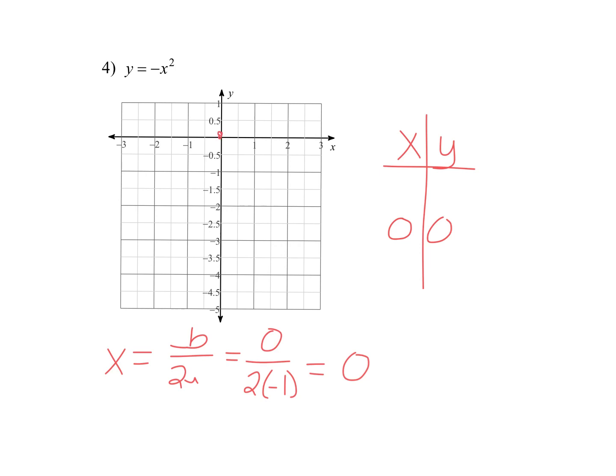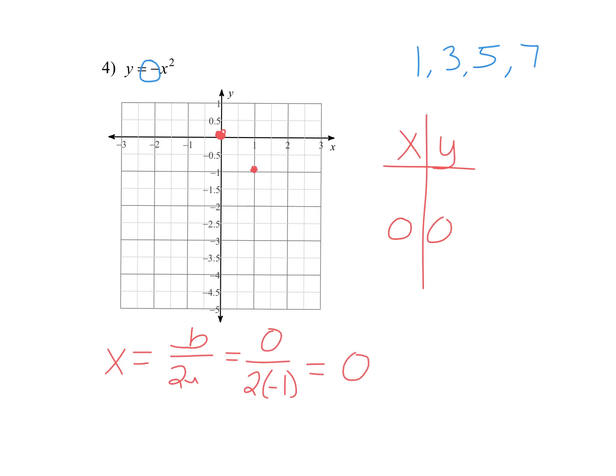Now let's try using that step pattern. What is the step pattern? 1, 3, 5, and 7. But remember this negative. What's this negative going to make us do? It's going to make us go down instead of go up. Okay, so my first step pattern, I'm going to go to the right first. I'm going to go over 1, down how many? Down 1. Over 1, down 1.